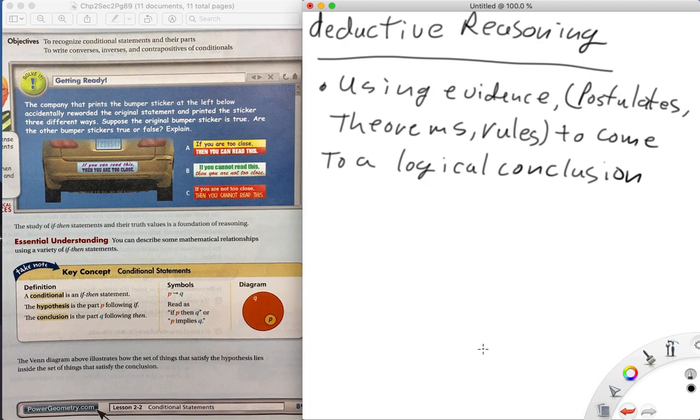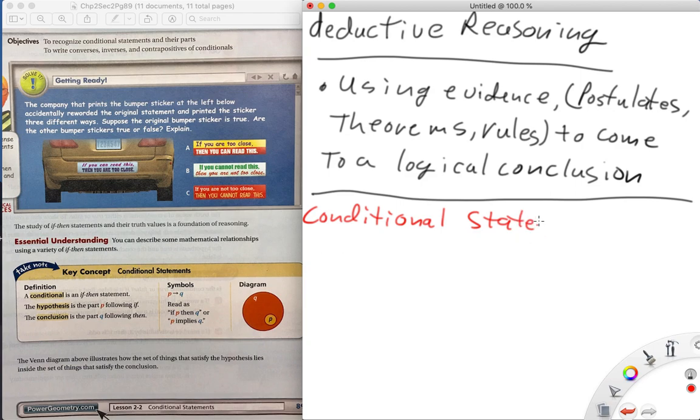The main tool that we use in deductive reasoning is something called a conditional statement. A conditional statement is a hypothesis and conclusion, usually in the form of if and then. If I do something, then something will happen.